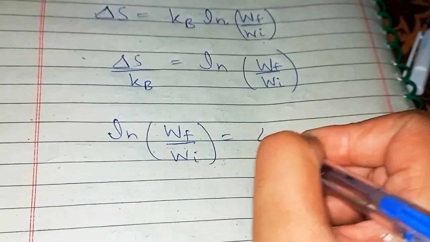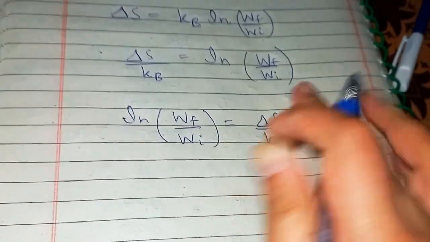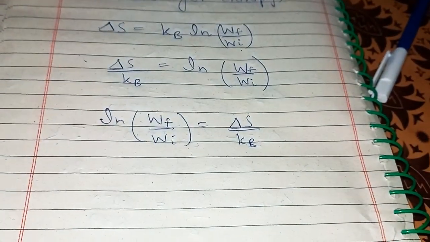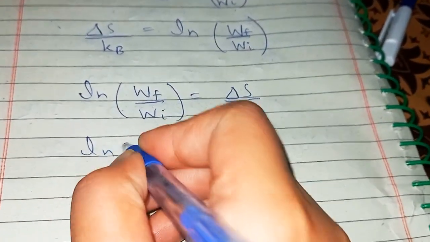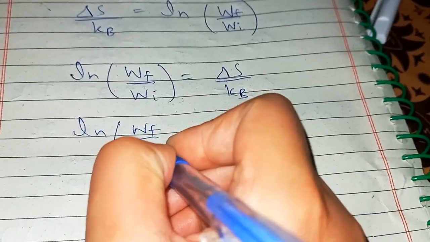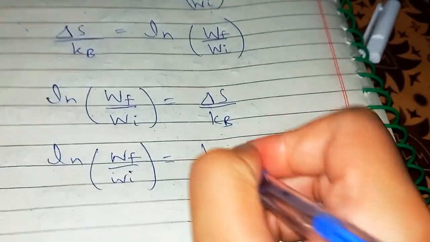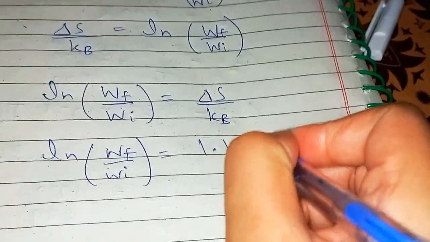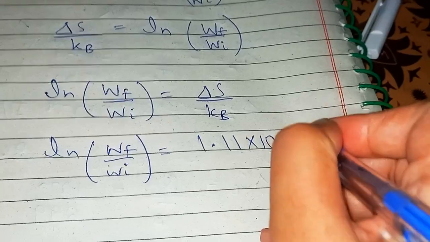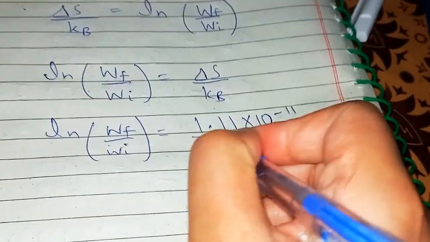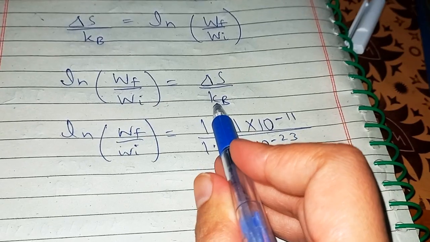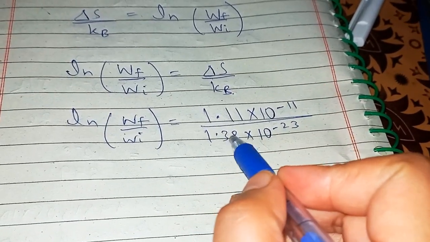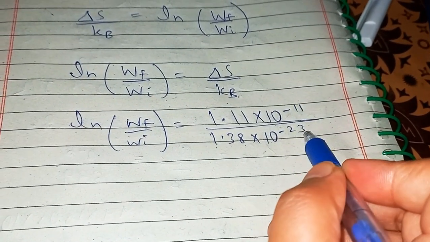Let's first insert the values here, then we'll remove the logarithm after inserting the values. So the value we got here is 1.11 multiplied 10 to the power minus 11 divided by 1.38 multiplied 10 to the power minus 23. Value of Boltzmann constant is 1.38 multiplied 10 to the power minus 23.